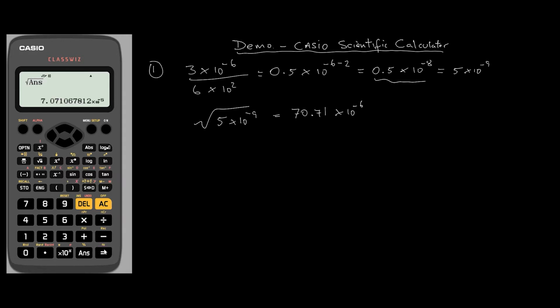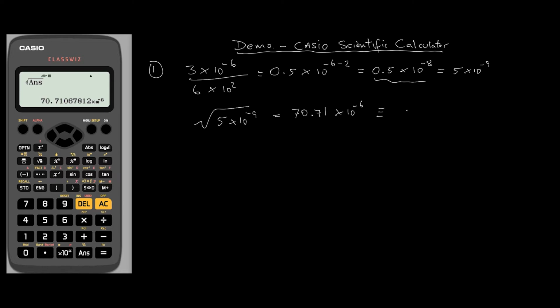We hit equals, and we get 7.071 times 10 to the minus 5. It's not really in a format like 10 to the minus 3, 10 to the minus 6, 10 to the minus 9. So again, hit the ENG button, and nicely we have 70.71 and a bit times 10 to the minus 6.